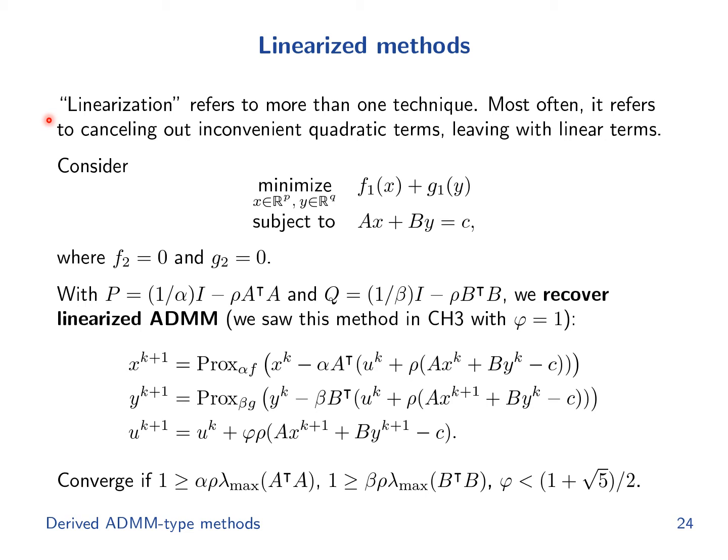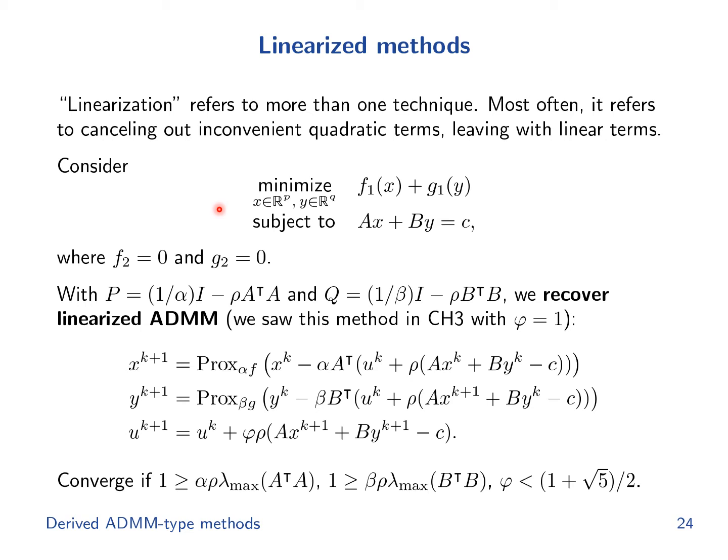The word linearization refers to more than one technique, but most often it refers to canceling out inconvenient quadratic terms and leaving linear terms and super simple quadratic terms like the 2-norm of x squared. Set f2 and g2 equal to 0 for simplicity, and look at this standard ADMM formulation.